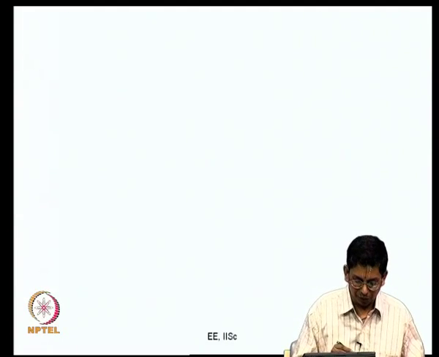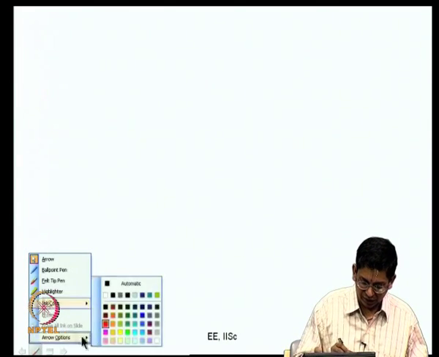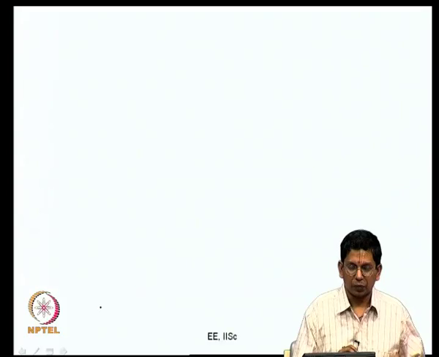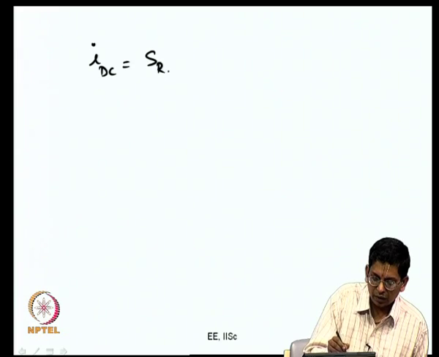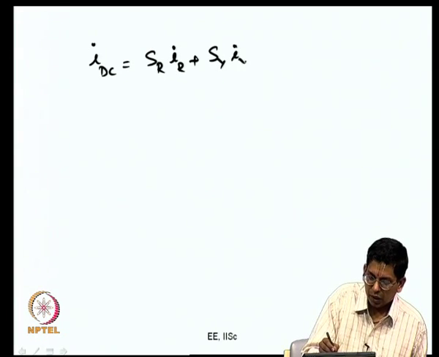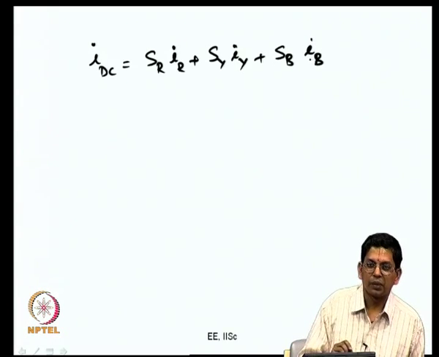So, let us restart this exercise. We start by saying we have IDC equals SR IR plus SY IY plus SB IB.